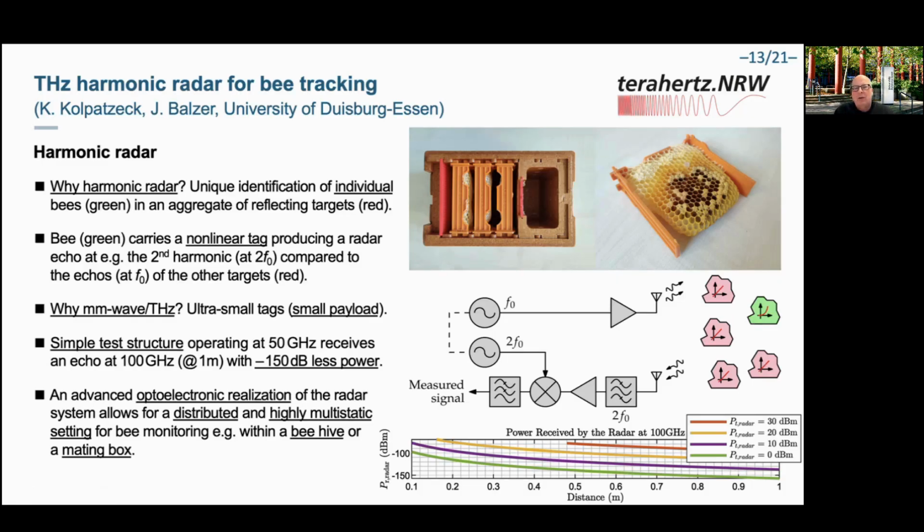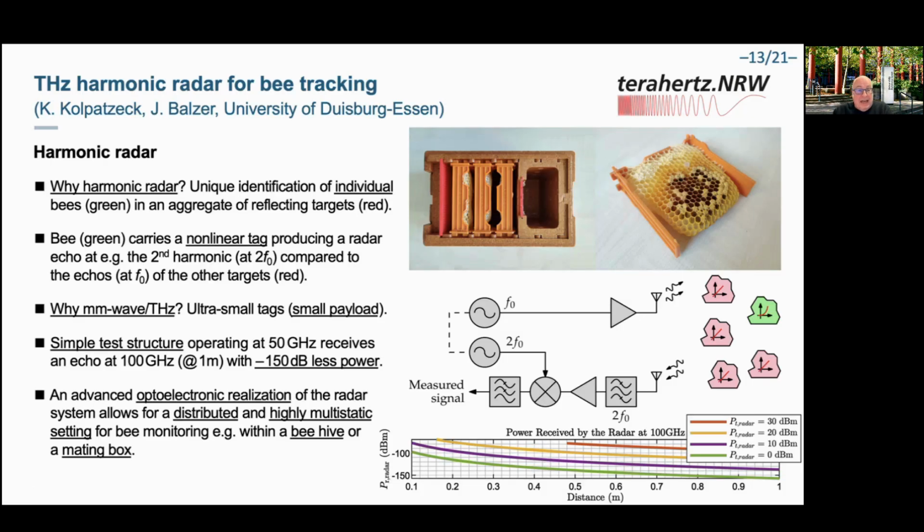This nonlinear tag might consist, in a very simplistic way, of an antenna and a nonlinearity that could be a simple diode, for example. Therefore, it would produce higher harmonics that are then detected by the radar system. In this case, it's the second harmonic that we are looking at.